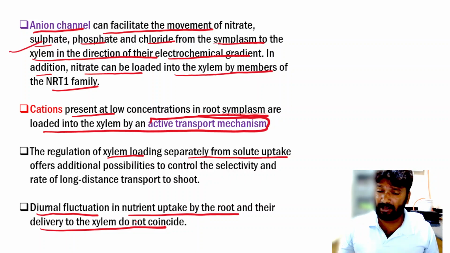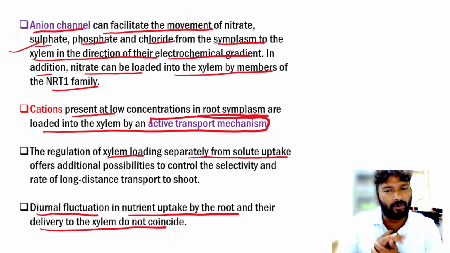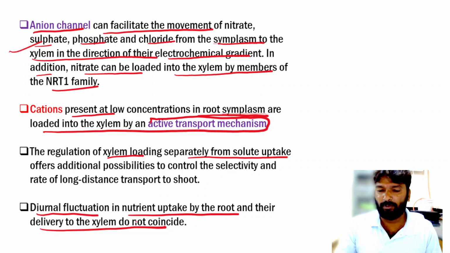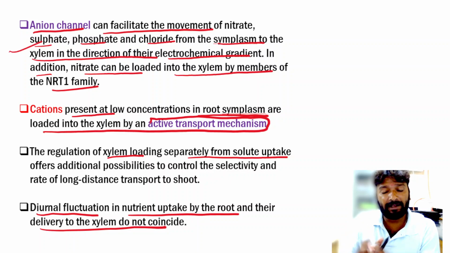So friends, this is about the short distance nutrient transport. Hope you understand how the nutrients move from the soil solution to the root cell wall, then to the cytoplasm through the cell membrane, then the radial transport of the nutrients, and finally the xylem loading.